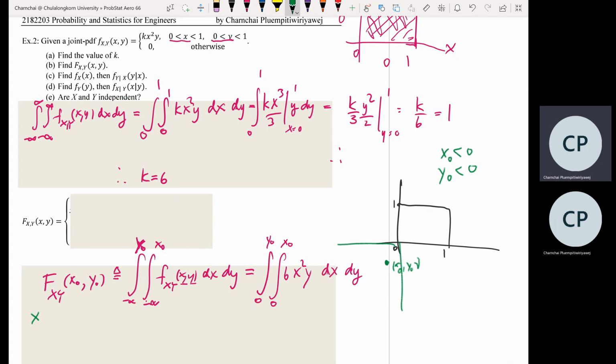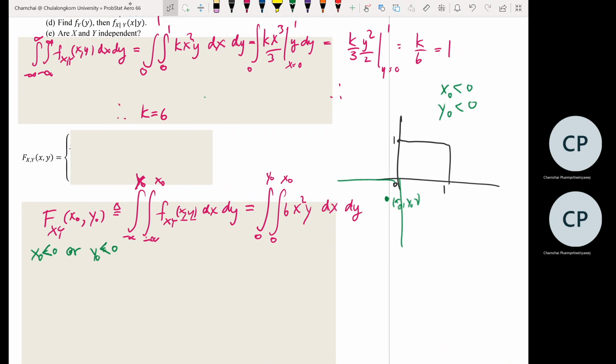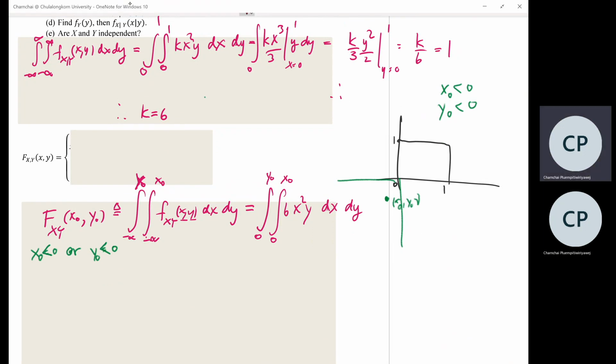So if x naught is less than 0 or y naught is less than 0, the integral F(x naught, y naught) is going to be 0.